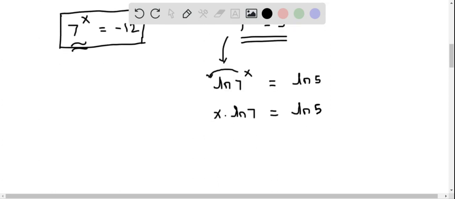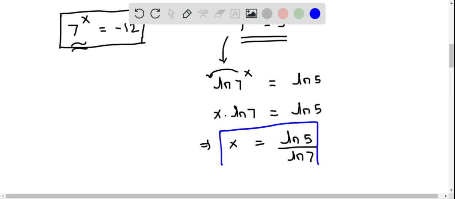Now you can easily solve for x when we divide both sides by natural logarithm of 7. So therefore, we get x equals natural logarithm of 5 divided by natural logarithm of 7. And so this is the exact value of x. In fact, we can give this answer in terms of decimals.